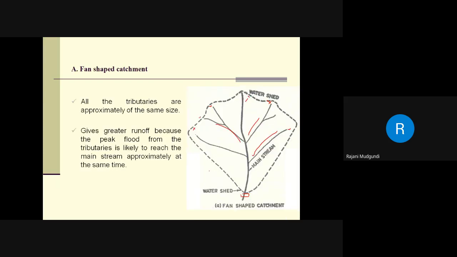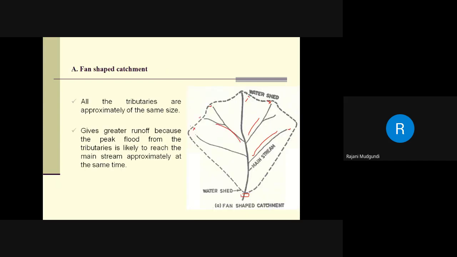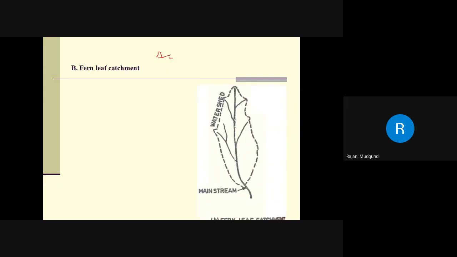In the other case, that is, the fern leaf-shaped catchment, suppose the fan-shaped and fern-shaped catchment areas are the same. So the catchment area is the same but the shape is different. What will happen if the same rainfall occurs on these two types of catchment? In the fan-shaped catchment, all the tributaries will join the mainstream at the same time. In the fern-shaped catchment, the tributaries are of unequal length, at different distances.